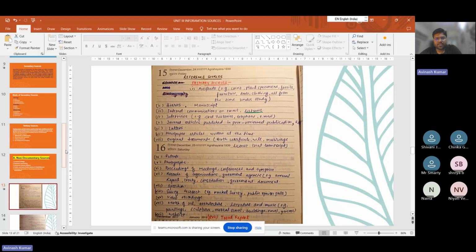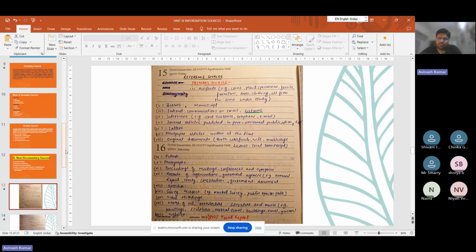What are they? Artifacts, diaries, manuscripts, internet communication like email, listservs, interviews, published journal articles. All the examples given are first hand sources, like diaries, so they fall under primary sources.